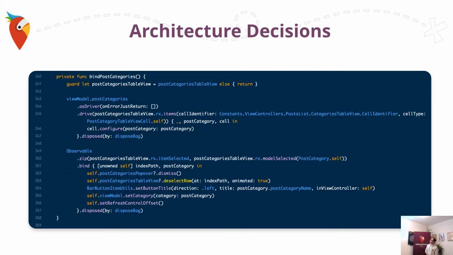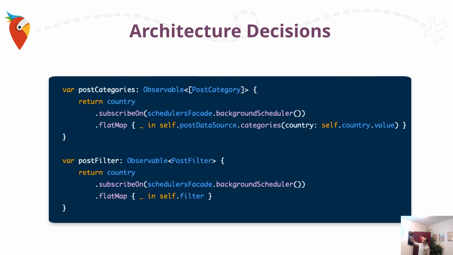This is one method that we created, for example, to bind our view model to our view controller. To fetch some categories, I'm just binding my post categories observable that was created in the view model. I guess the second slide has that.